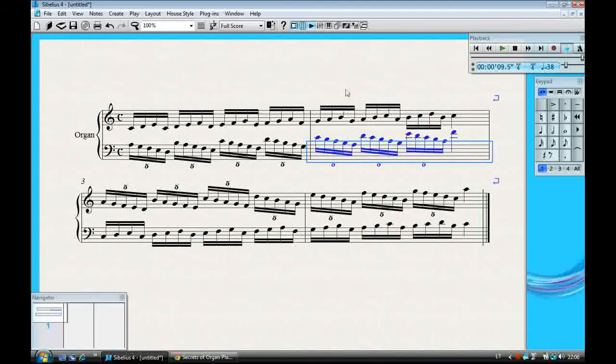Quintuplets alone are not that difficult. 16th notes alone are not that difficult. The real difficulty is putting them together, but you cannot put them together unless you can master them separately. So the first step is just to play them separately.